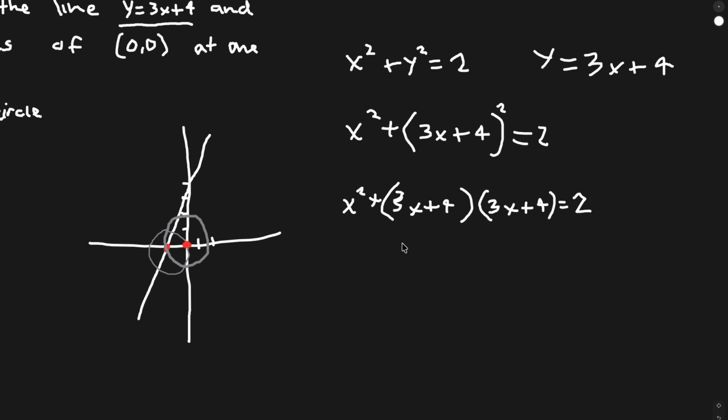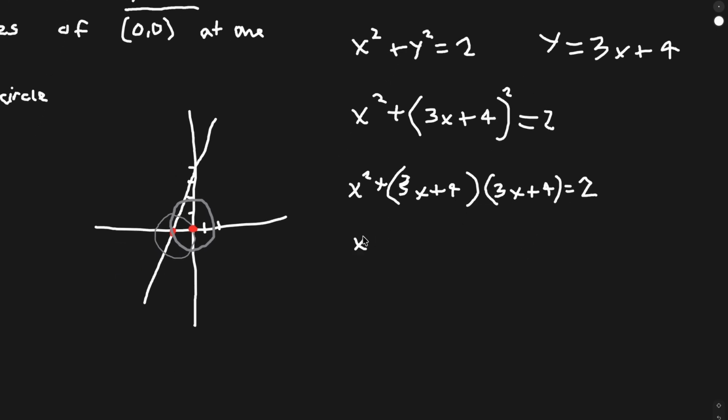So now x squared plus 3x times 3x is going to be 9x squared. 3x times 4 is going to be 12x, plus 12x. 4 times 3x is going to be plus 12x. 4 times 4 is going to be 16.